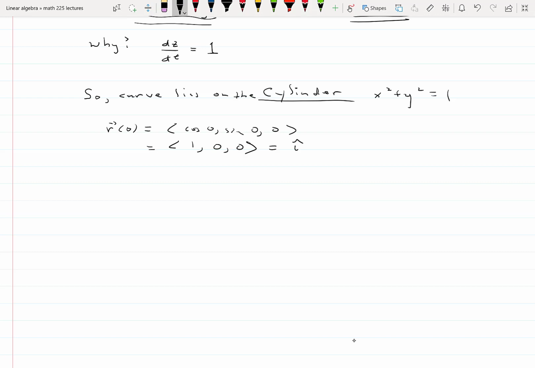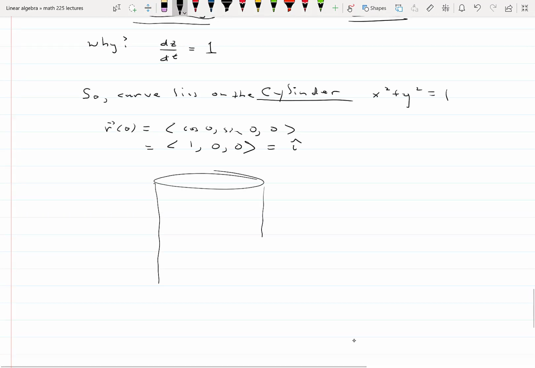The curve lies on a cylinder, x squared plus y squared equals 1. So here's the cylinder, x squared plus y squared equals 1. Let me redraw the base here. Solid, and then we can't see that part.